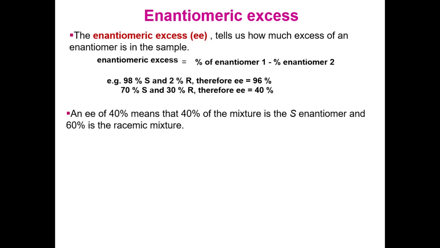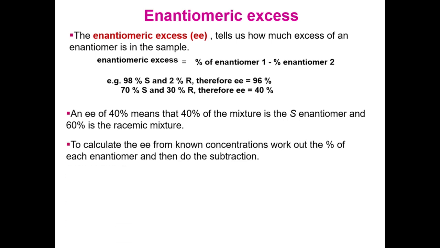An EE of 40% means that 40% of the mixture is the S enantiomer, and the 60% that is left is the racemic mixture. So we have 40% S and 60% as the racemic mixture. To calculate the EE from known concentrations, work out the percent of each enantiomer and then do the subtraction seen above.